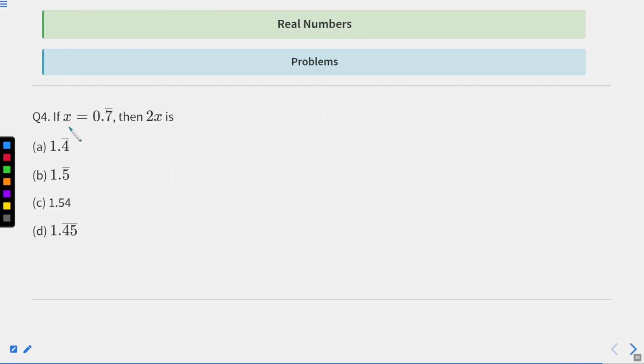In question 4, if x is equal to 0.7 bar, we have to find 2x. The number 0.7 bar is 0.777 and so on, and if we multiply by 2, we get 1.4 bar.